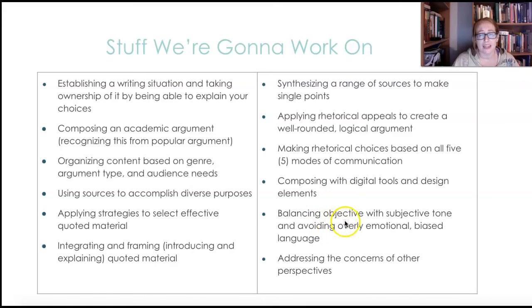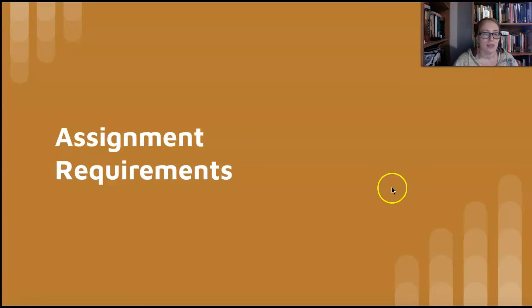And again, as I mentioned already in this presentation, we'll work on balancing objective with subjective tone, knowing when to use that objective tone when you're talking about your work and when it's okay to be engaging and to add analysis, and how to balance it so that your analysis is not biased. So really playing with that and addressing concerns of other perspectives in fair ways.